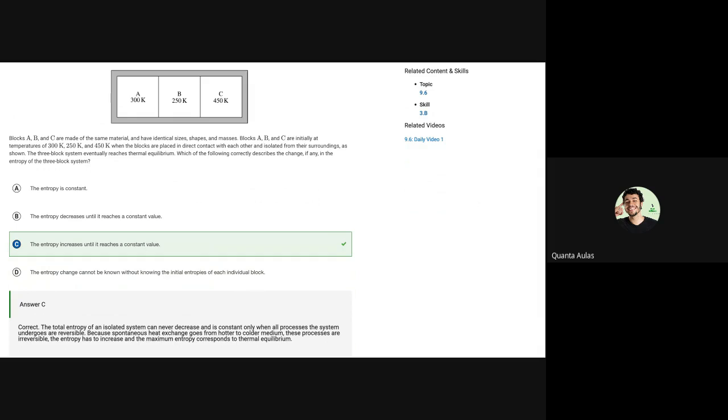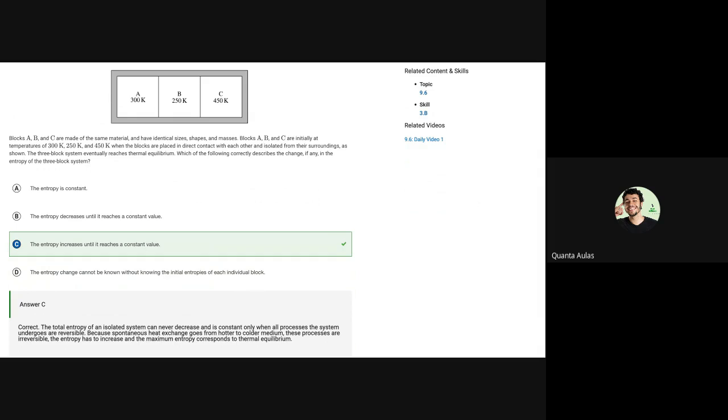Okay, the variation of entropy, right? In option A, the entropy is constant, but this is a wrong affirmation, because in an isolated system the transfer of heat between bodies at different temperatures always increases the entropy.